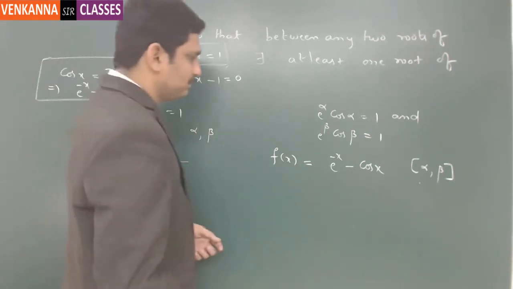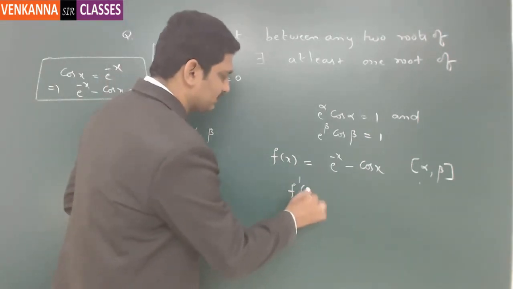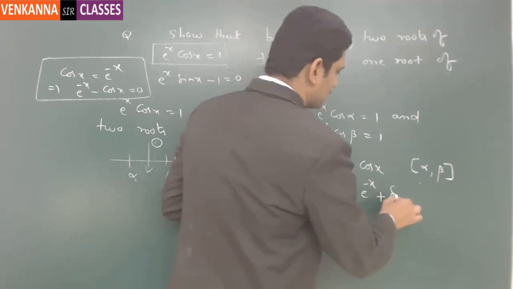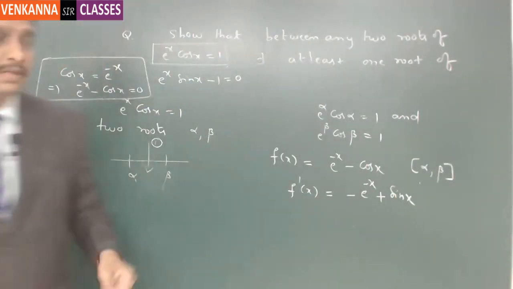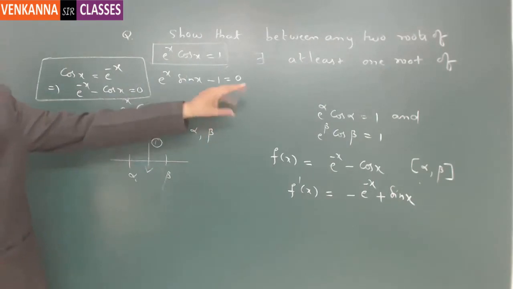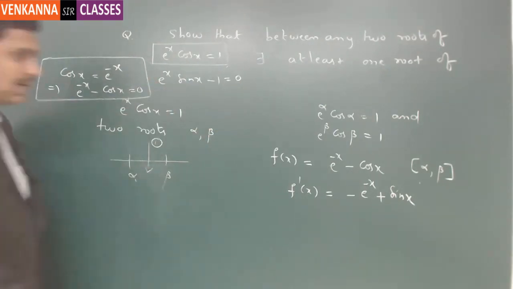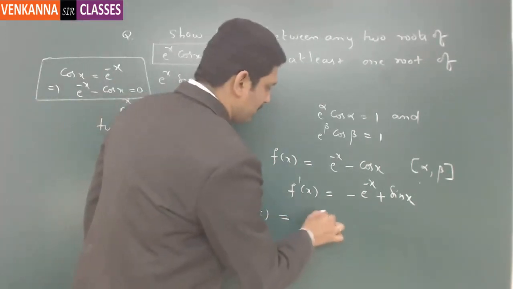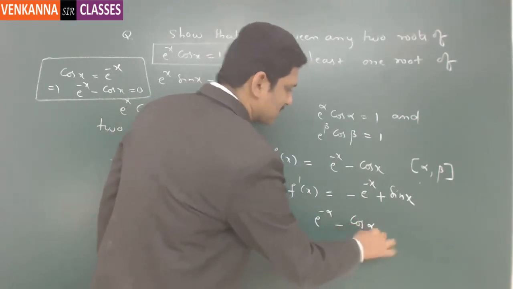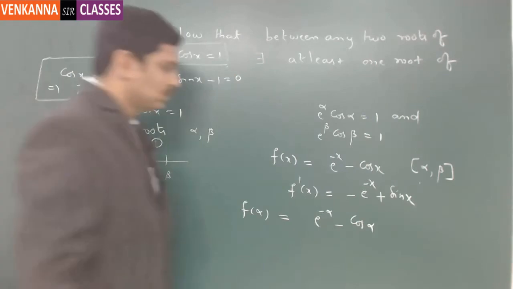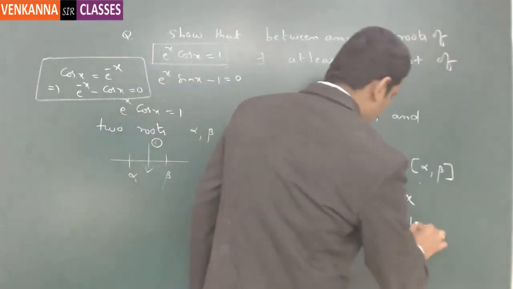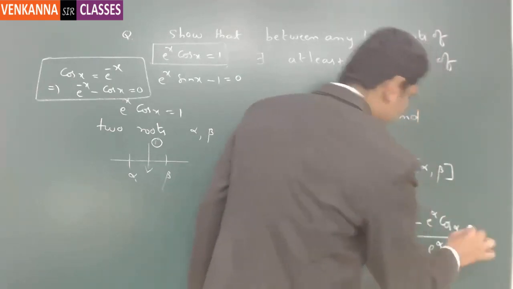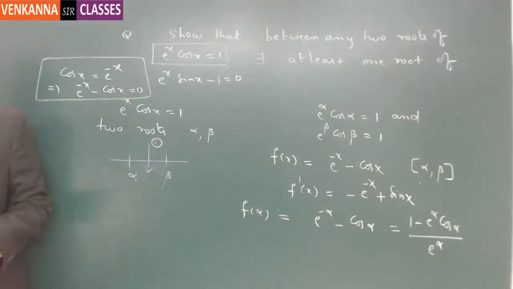Now if you consider f dash of x, it will be minus e power minus x plus sin x, and f satisfies all the three conditions of Rolle's mean value theorem, because if you calculate f of alpha, it is nothing but e power minus alpha minus cos alpha. So it can be written as 1 minus e power alpha into cos alpha by e power alpha, multiplying and dividing with e power alpha.